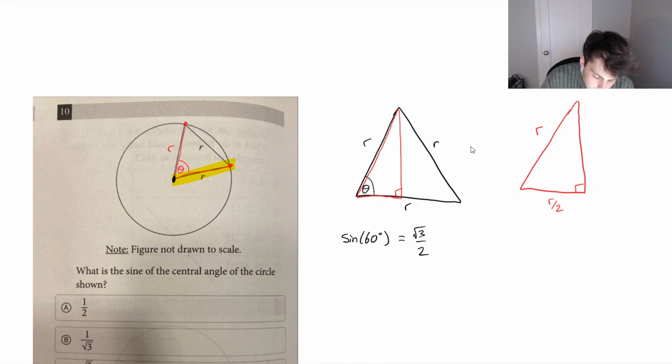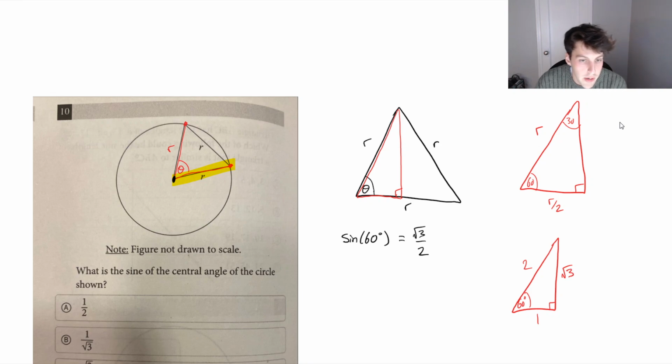Okay, this is going to be 60, this is going to be 30. Okay, and then we're just looking for this side length here, right? And remember, this is just like our special triangles, right? We can set it up the same way. If this is 60 degrees, this is our 90, this is 1, 2, and root 3.